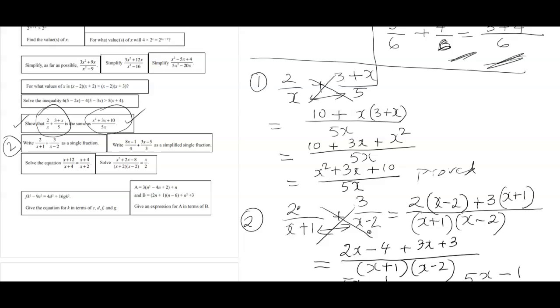I hope I'm right. Yeah. So 5x minus 1 over x squared minus x minus 2. That is a single fraction. So I managed to solve this one too. Okay.